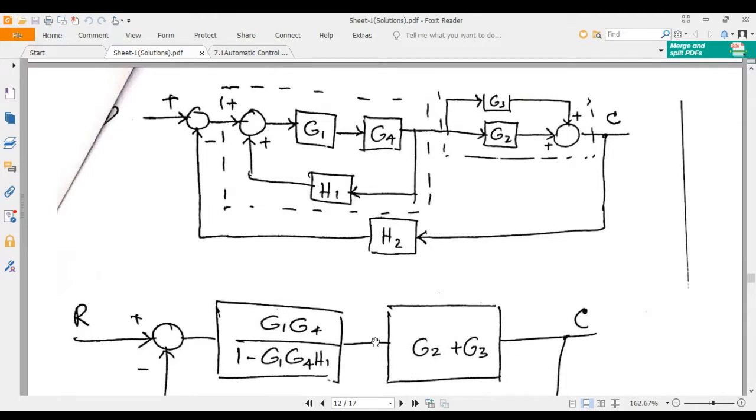This is the formula for this. And the second part, in the same step, we are doing the second part also. These are forward path gains which have been added, and also at the same time we are applying the feedback path formula also.